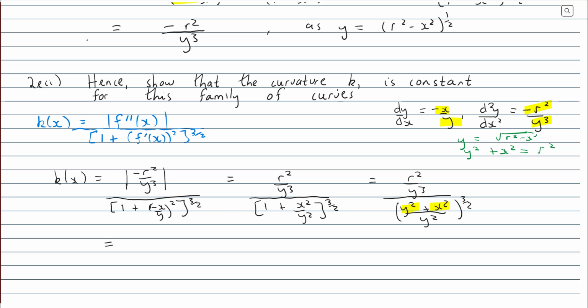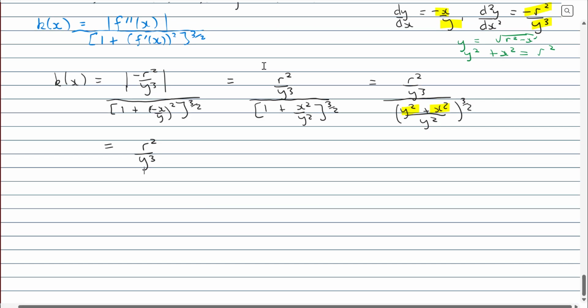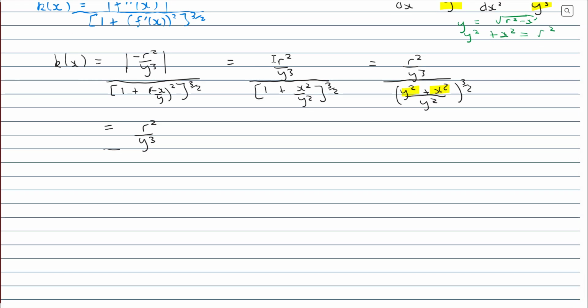So I can write that denominator more simply. Now we get r squared over y cubed, all over r squared over y squared to the power of 3 over 2.